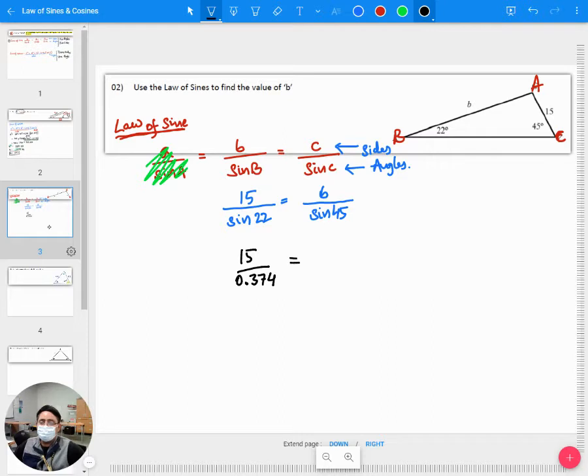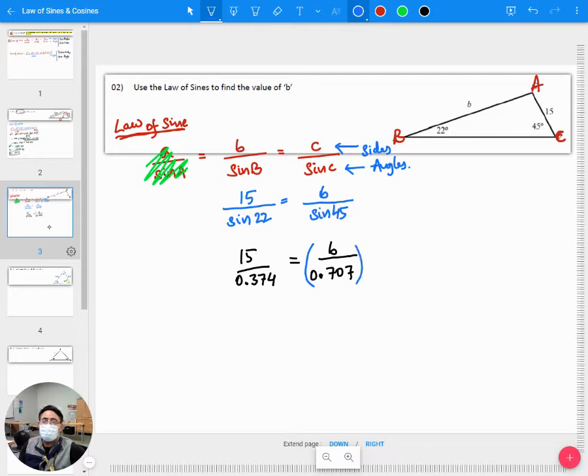Equal to b, the value is not known. What is sine 45? I know that it's 1, but let me check. Oh, my bad, it's 0.707. Sine 90 is 1, not sine 45.